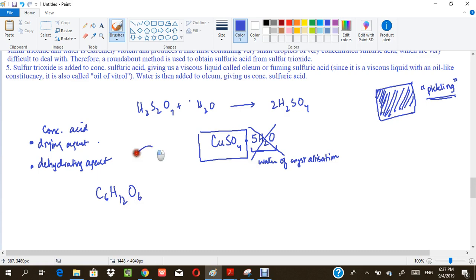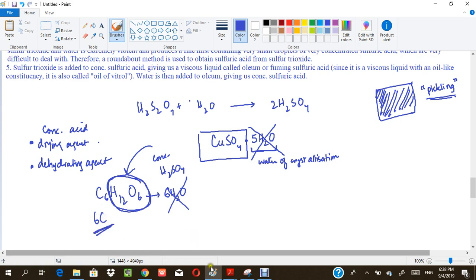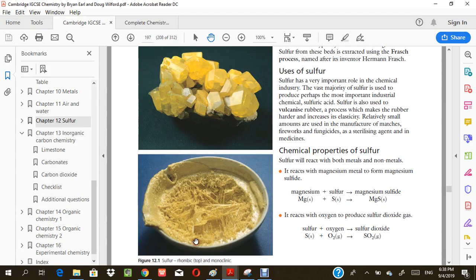But if we add concentrated sulfuric acid to glucose, this concentrated acid is gonna rearrange these hydrogens and make 6 water molecules from them and then dry them. As a result, only 6 atoms of carbon are going to be left. I have a nice picture here with me, and I'll show that to you.